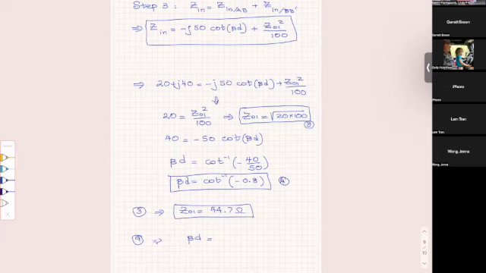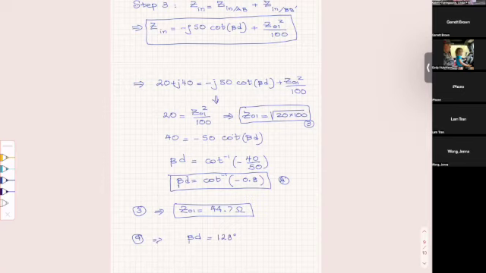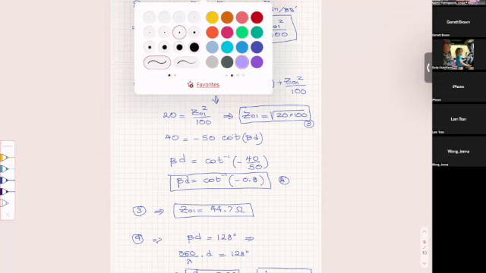Okay, it's 128.8 in degrees from 4. Since beta is 2 pi over lambda, that means 360 over lambda times d equals 128, which then means d over lambda equals 128 divided by 360, which is 0.35, which means from here that d has to be 0.35 lambda. And that's how we found the solution.